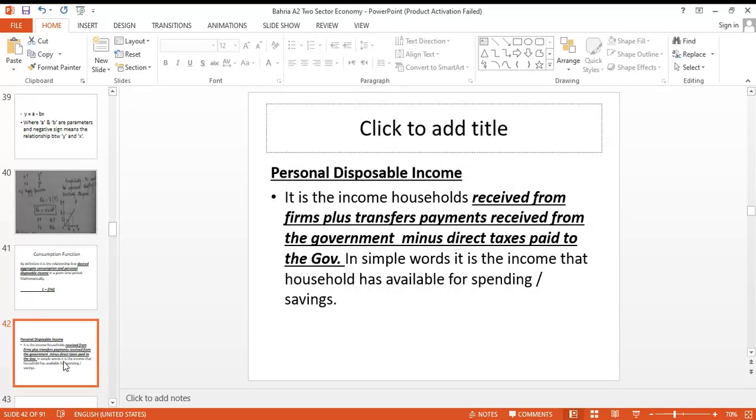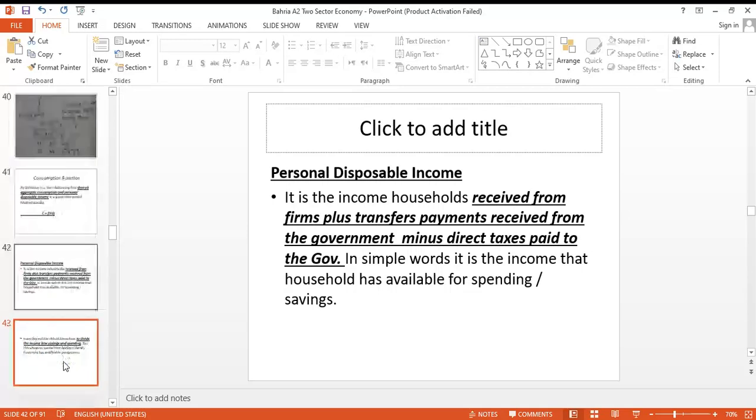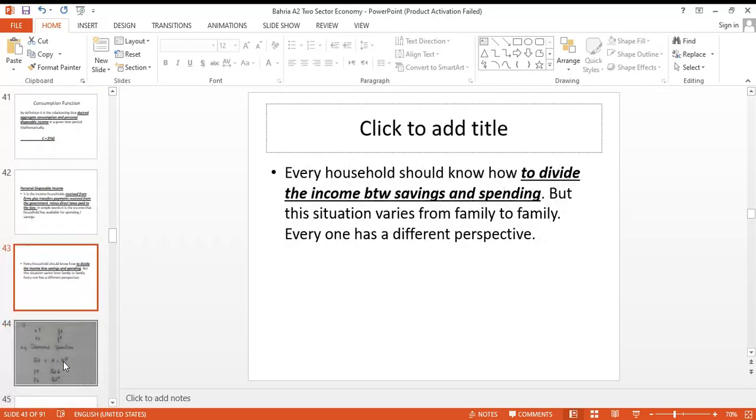So what is disposable income? It is the income that people receive from the firm when they work there, plus any transfer payments or support payments which they get from the government, minus any taxes that you pay to the government. What will the household then do when it gets the income? We will divide the income between consumption and saving.